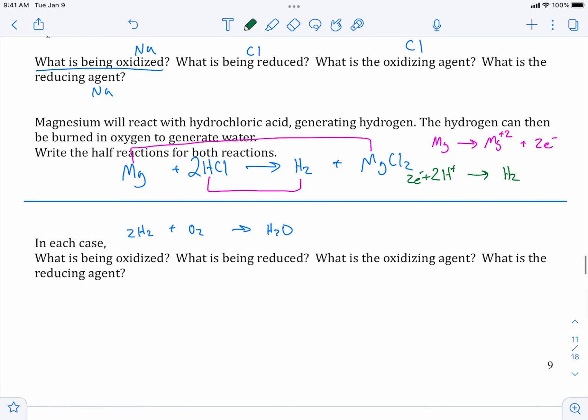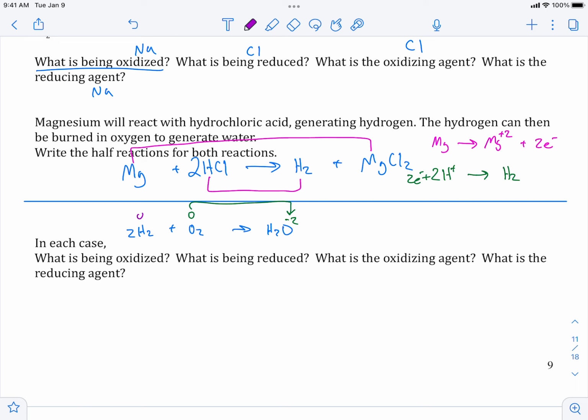Okay, let's look at the second reaction here. So if oxygen here, O2, is all alone, what is its charge to start with? Yes. In the compound of water, what would the oxygen charge be? -2. All right.